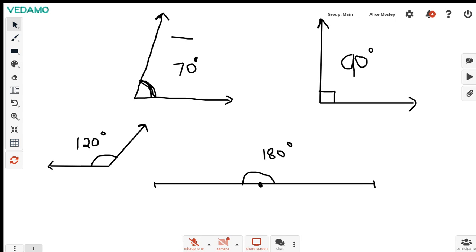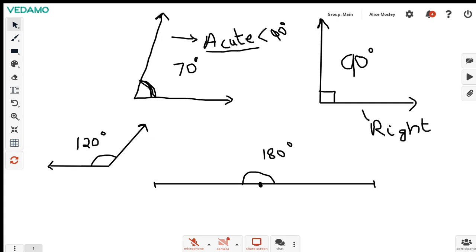This angle is known as an acute angle, because this is very small. Any angle which is less than 90 degrees is an acute angle. You can write this down in your notebook, because I always talk about those. And the angle which is perfect 90 degrees is a right angle. So acute is always less than 90 degrees.